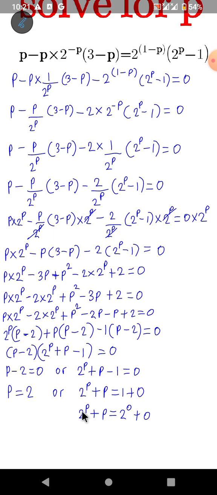Now if we compare, the power of this 2 here is p. The power of this 2 here is 0. Now this is p here, and also this is 0. So we can simply say that on comparison, p is equal to 0. So the root of this equation is p equal to 2 or 0.